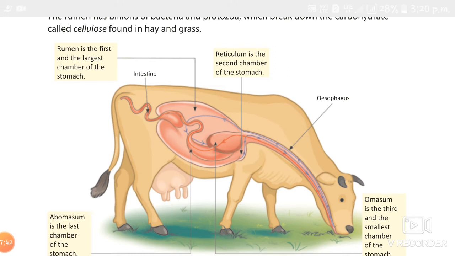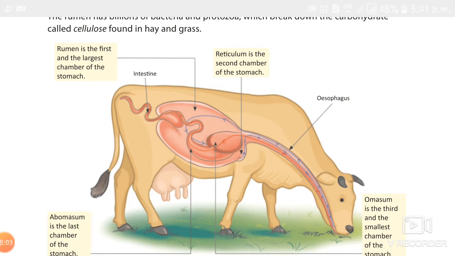Where will the digestion process happen? In the abomasum. Why is it called the true stomach? It is the only compartment which produces digestive juices to help digestion.